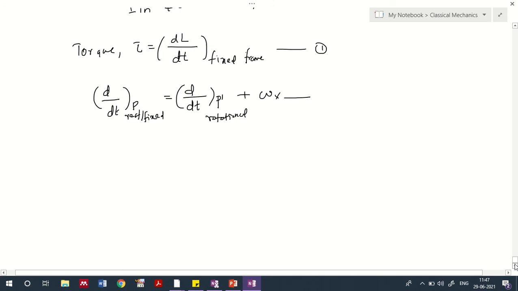d by dt at P is equal to d by dt at P dash plus omega cross. I think we discussed this when we talked about the rate of change of a vector.